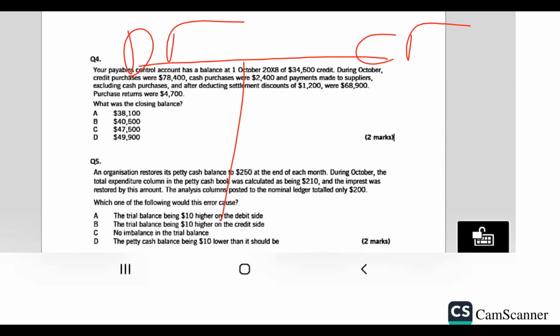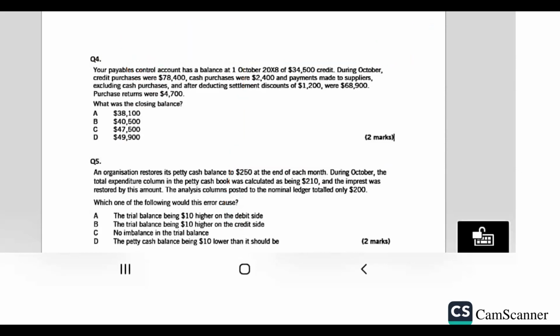Okay, question number 5 now. What's the solution? Hello? What is the solution on question number 5? Have you seen the question? There is an organization that restores its petty cash book to 250, right?